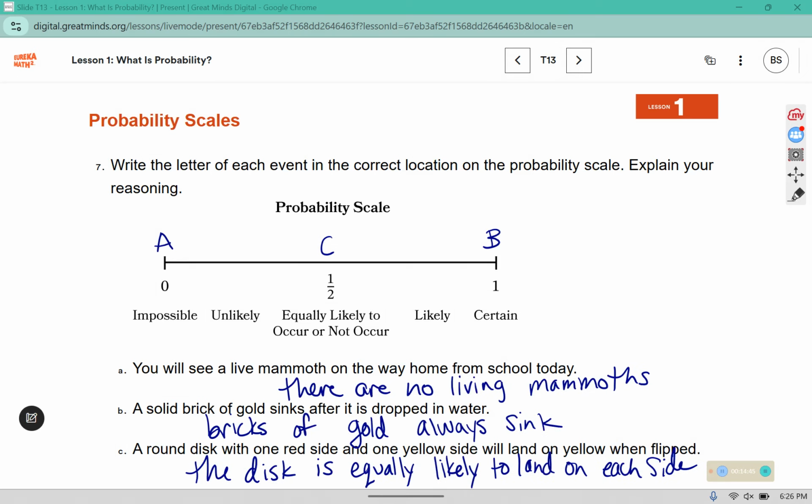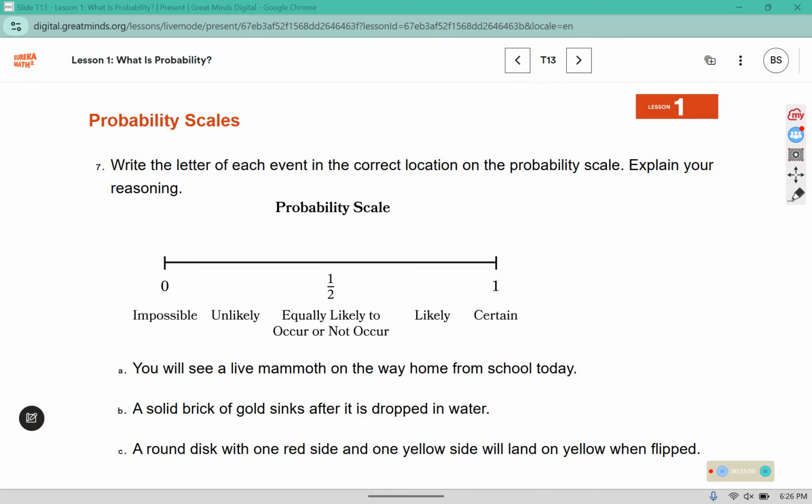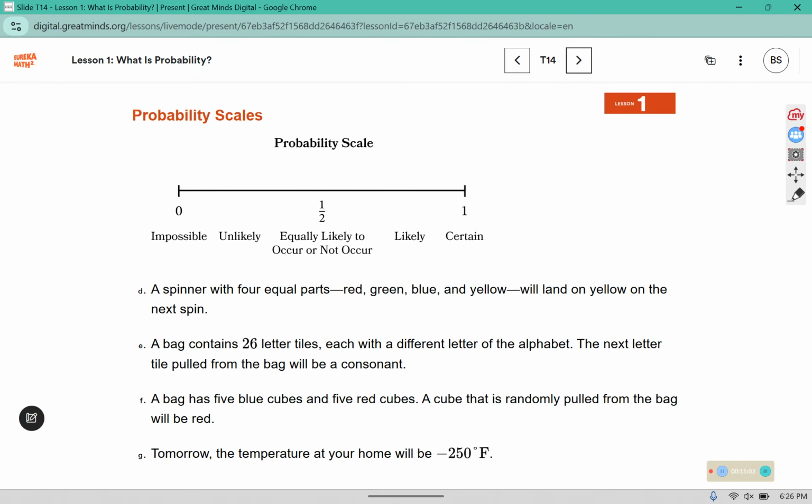Don't forget, it does ask us to explain our reasoning. So I've just written a quick sentence describing what we discussed. A spinner with 4 equal parts, red, green, blue, and yellow, will land on yellow in the next spin.